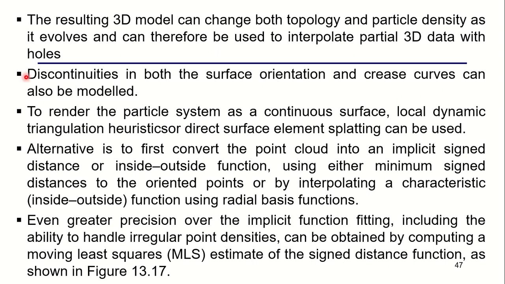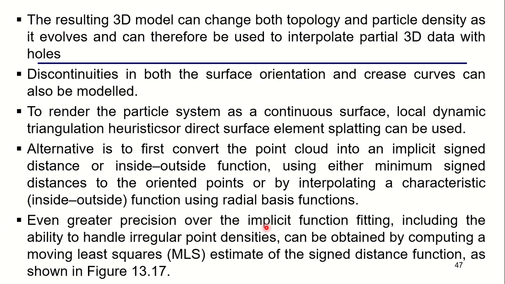To render the particle system as a continuous surface, local dynamic triangulation heuristics or direct surface elements plotting can be used. An alternative is to first convert the point cloud into an implicit signed distance or inside-outside function, using either minimum signed distances to the oriented points or by interpolating a characteristic function using radial basis functions.